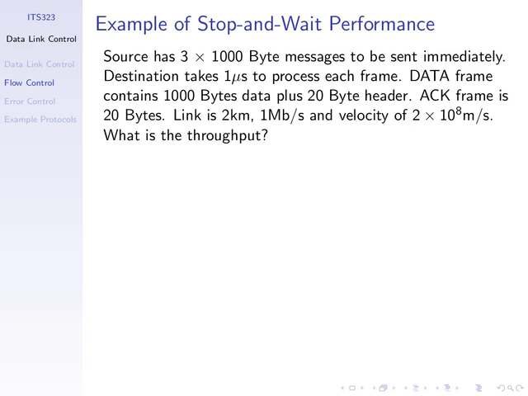What does it do now? This transmission is sending to B. So the diagram just illustrates the time it takes to send that frame to B.